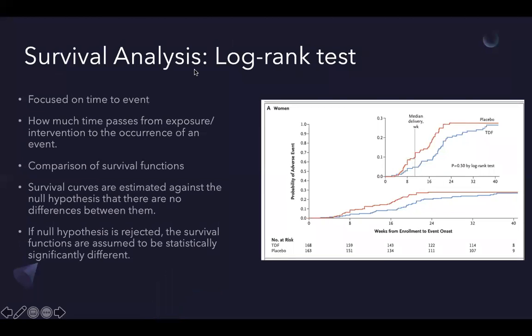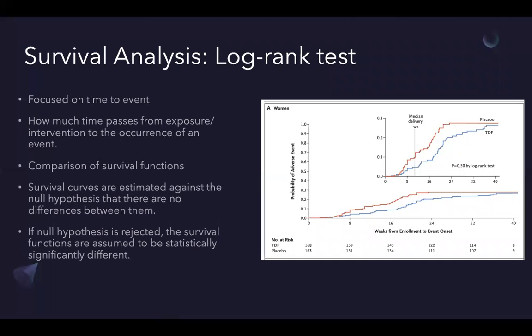Lastly, I really agree with them using a survival analysis to look at the time to the first adverse event after the medication or the placebo. And they used the log-rank test to analyze the curves. The survival analysis is focused on time to event, meaning how much time passes from the exposure or the intervention to the occurrence of the event that we're looking for. It compares the survival functions.